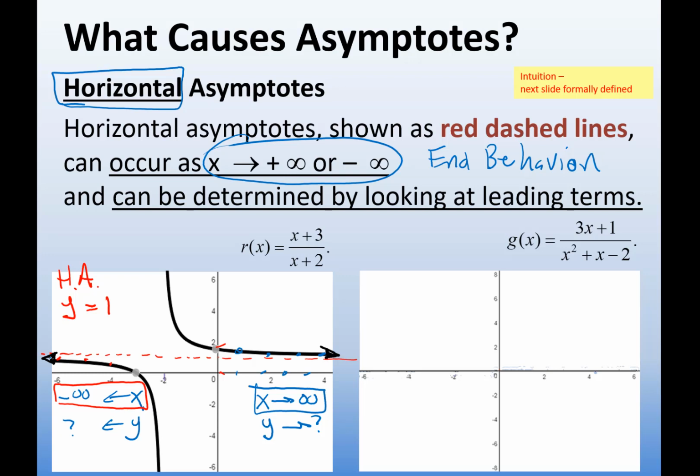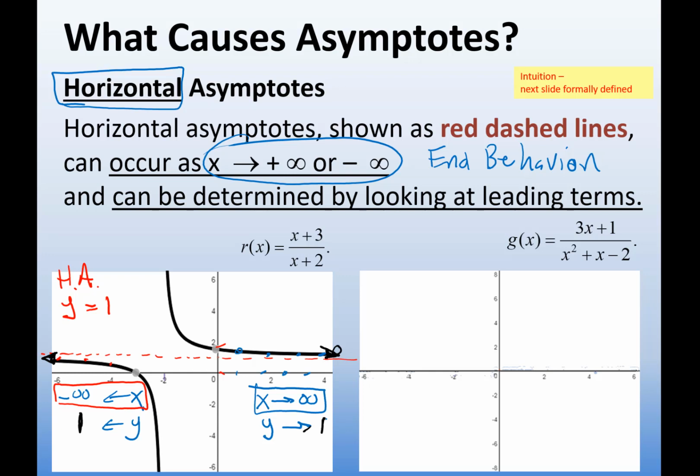So in both cases, y is approaching 1. And over here, the y's are approaching 1. That's called the horizontal asymptote.